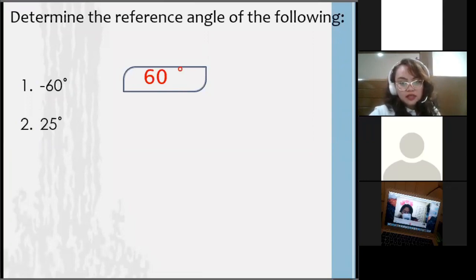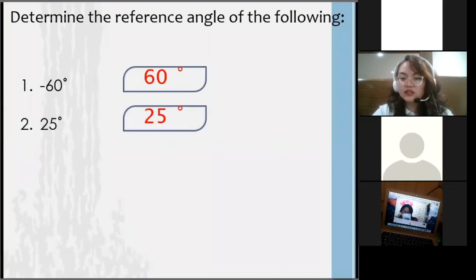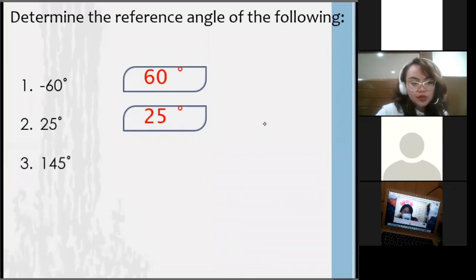Next item, number 2, 25 degrees. Time is up. Correct answer? Okay, the correct answer is 25 degrees. Very good. Next, item number 3.